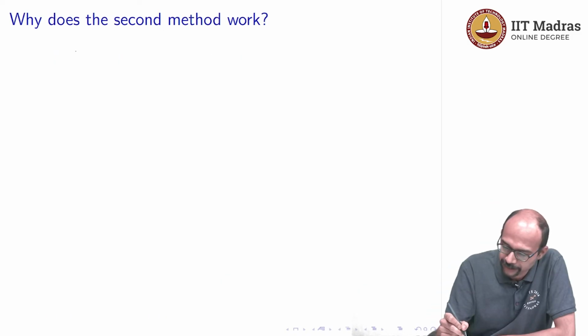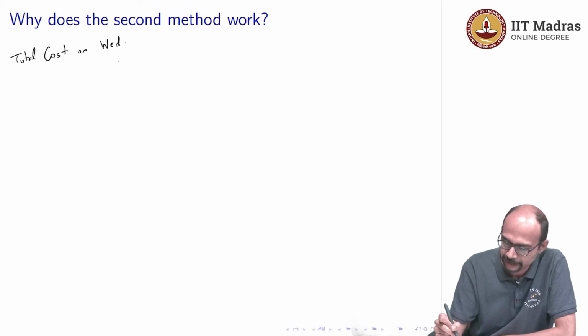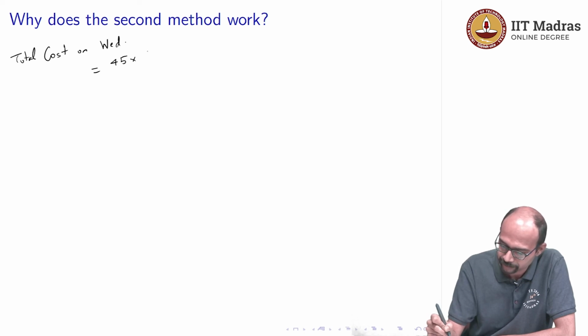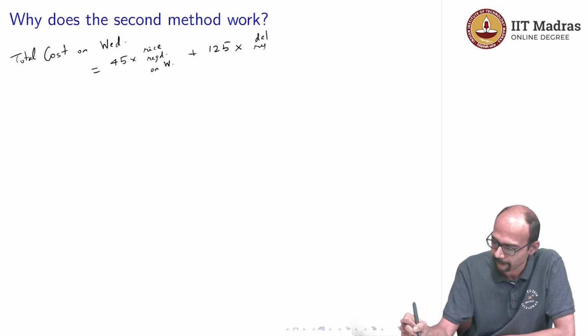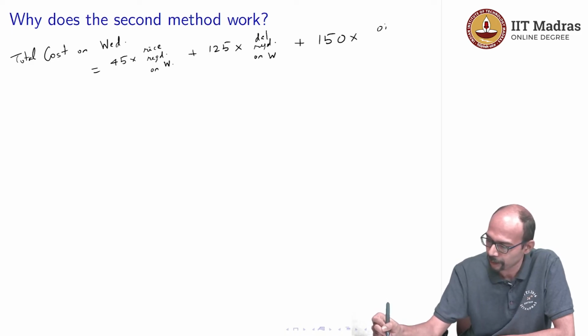So for the second method, what did we do? I want the total cost on Wednesday, which we know is certainly given by evaluating 45 times rice required on Wednesday plus 125 times dal required on Wednesday plus 150 times oil required on Wednesday.